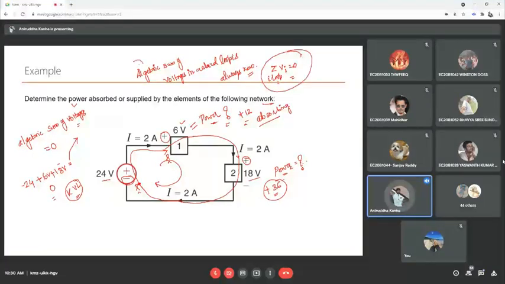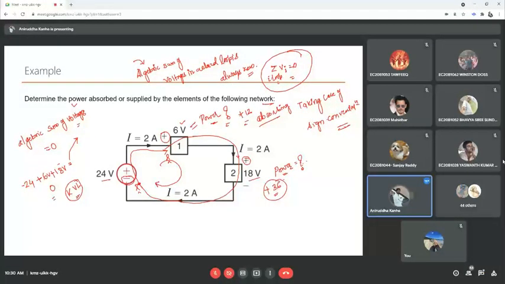Now please understand the meaning of algebraic. Algebraic means you are taking care of sign convention, that means negative and positive. Please remember, whenever you are doing such an analysis, you take either the entering sign or the leaving sign.